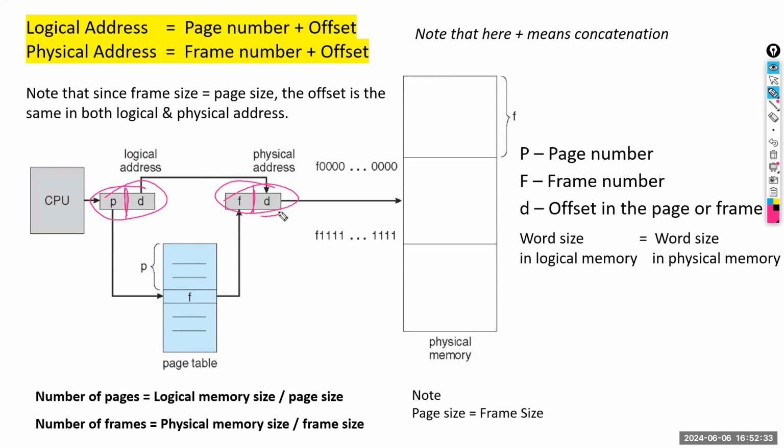Of course, the number of bits in the offset is going to be the same. So you copy these bits over, then consult the page table to find out, for this particular page number, what the frame number is, convert it to binary and write it there. So you get the physical address.